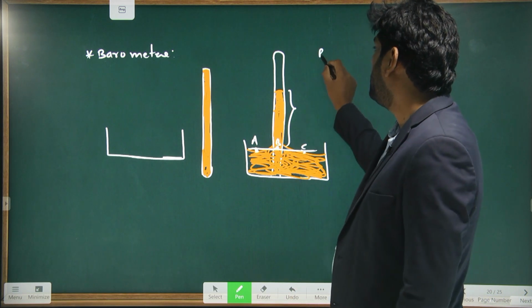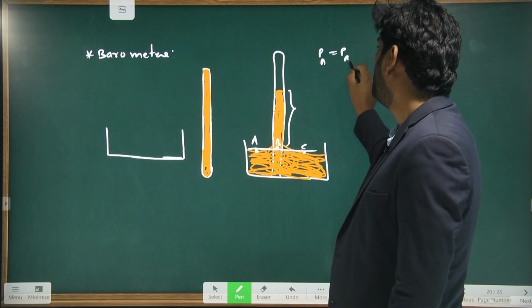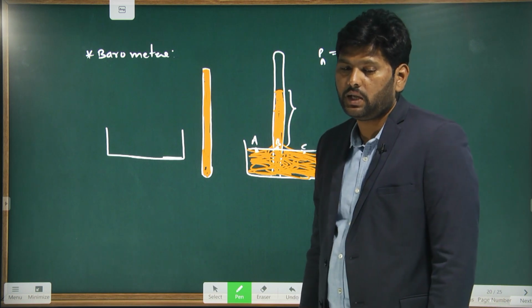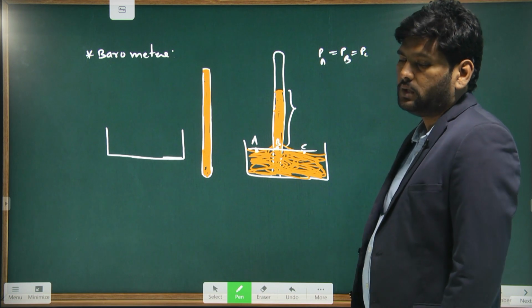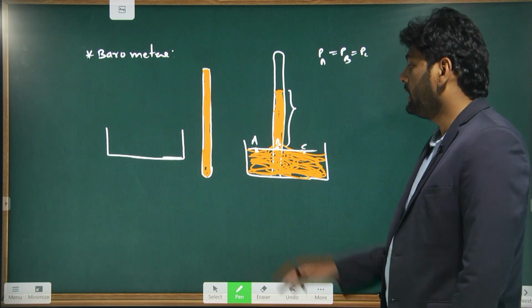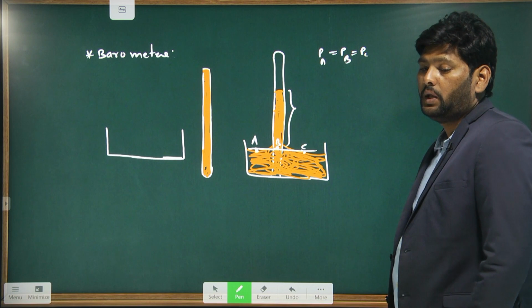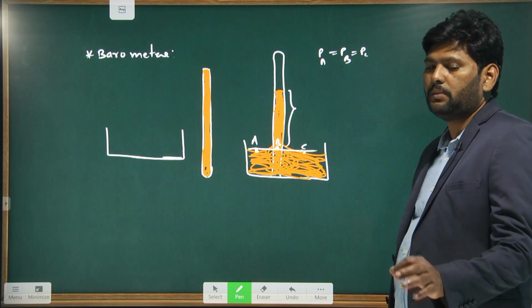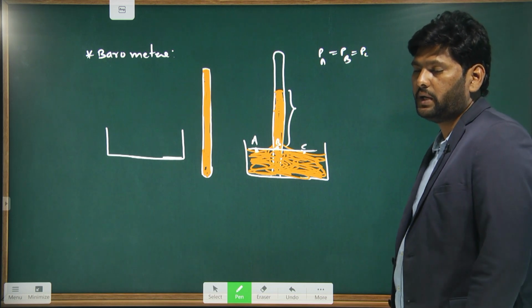But pressure at A, pressure at B and pressure at C are all equal. Why are the pressures equal? Because they are at the same horizontal level. At the same horizontal level, pressure is equal. Pressure does not depend upon the shape of the container.